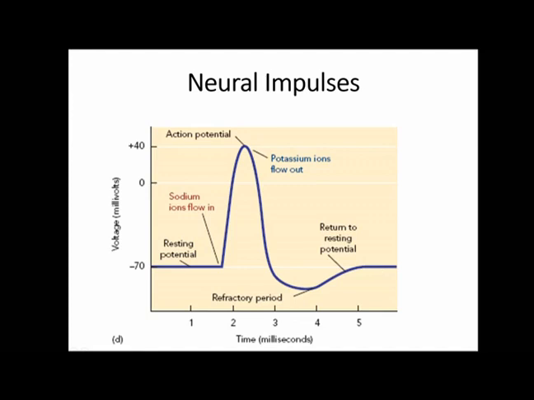It doesn't matter if the signal that's triggering an action potential is stronger, you're still going to have the exact same shape to this curve. All of the action potentials look the same. They don't change in strength, so you're not going to see one that's higher or one that's lower. It's always going to be -70 to +40 and back again.